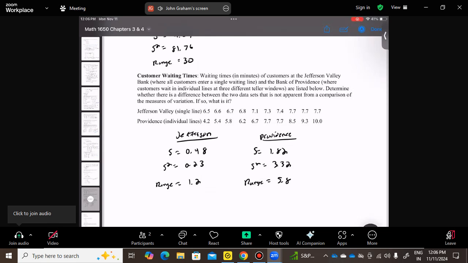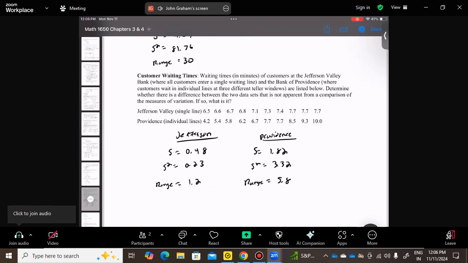We can see clearly that the Providence Bank, or the individual lines, had the biggest range and biggest variation, with the spread being bigger as well.